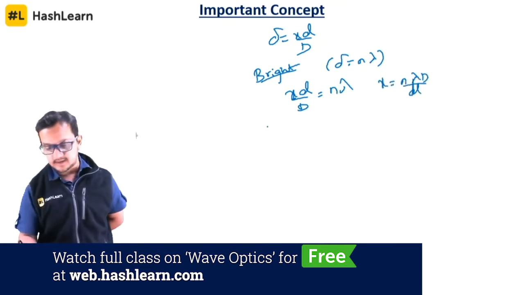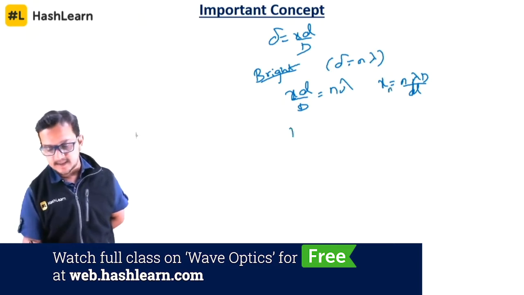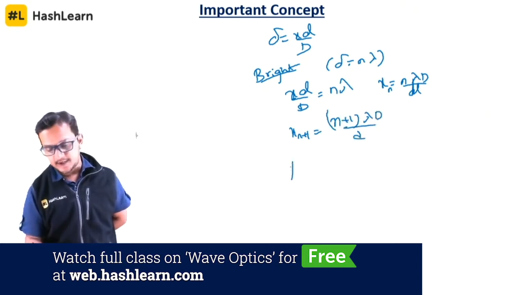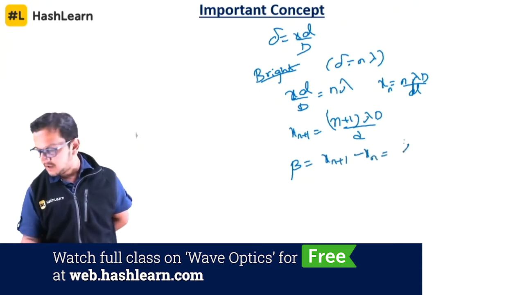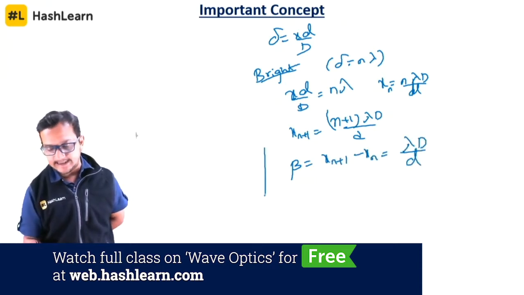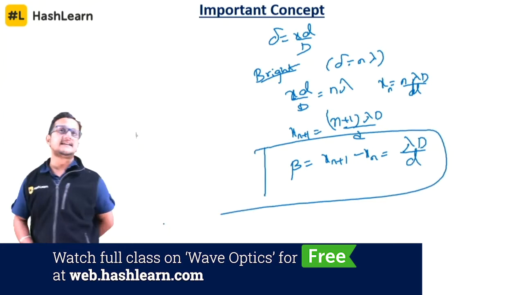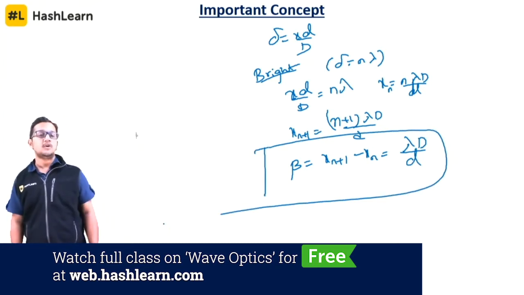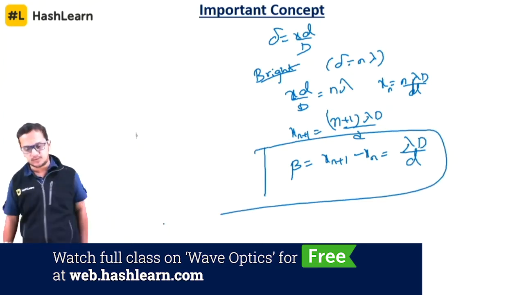For the n plus 1th fringe, you will have x equals n plus 1 times lambda D by d. If you subtract, you will get beta, which is the fringe width, equal to lambda D by d. So this is the expression for fringe width, which you have to remember, students.